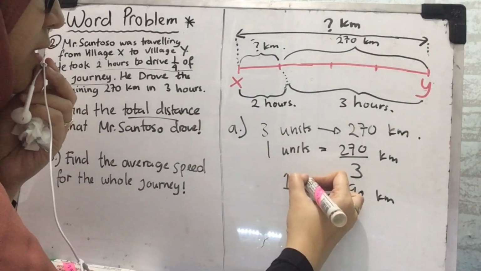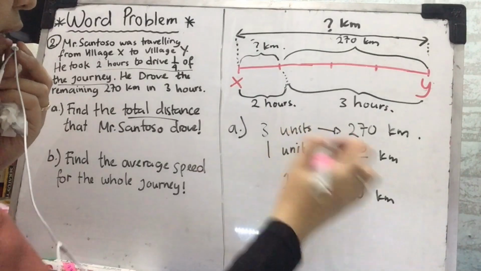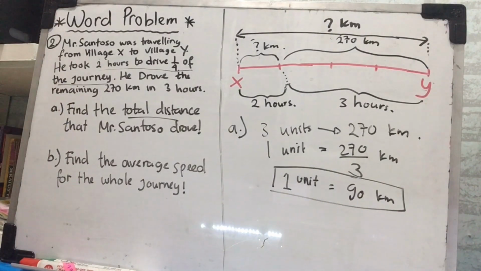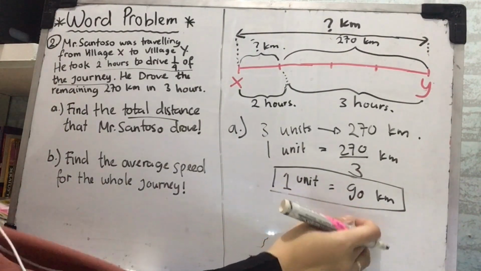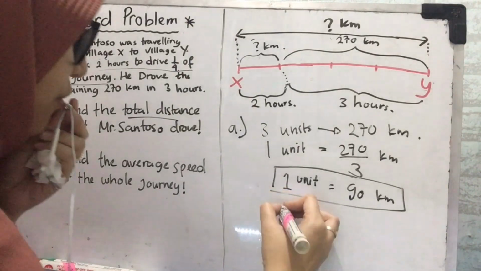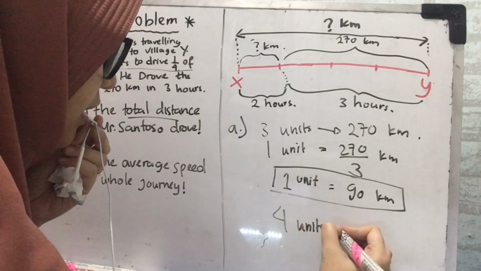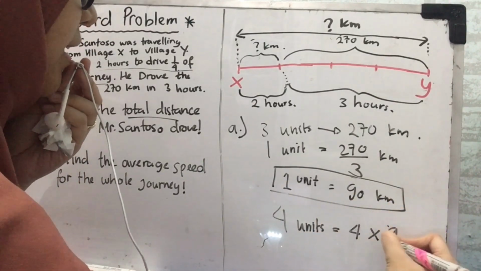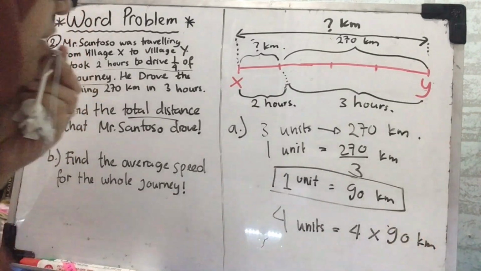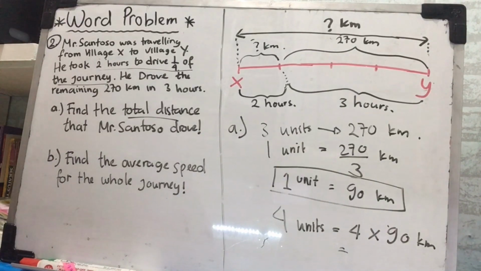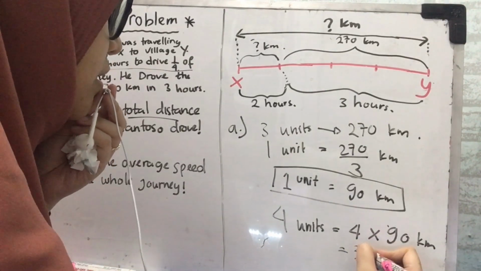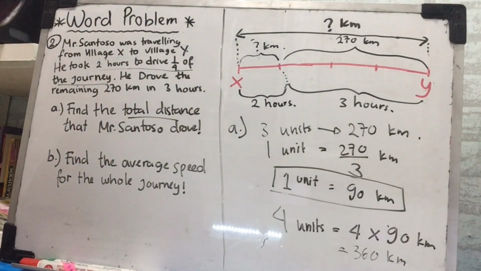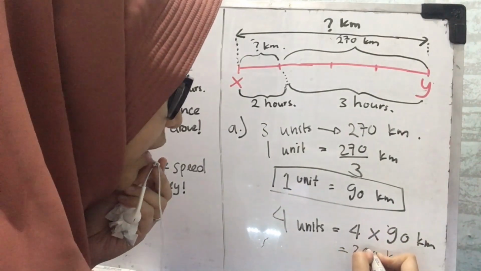So 1 unit is 90 kilometers. Okay, if 1 unit is 90 kilometers, then 4 units is 4 times 90 kilometers, which equals 360 kilometers. Easy, right? Do you understand, guys?